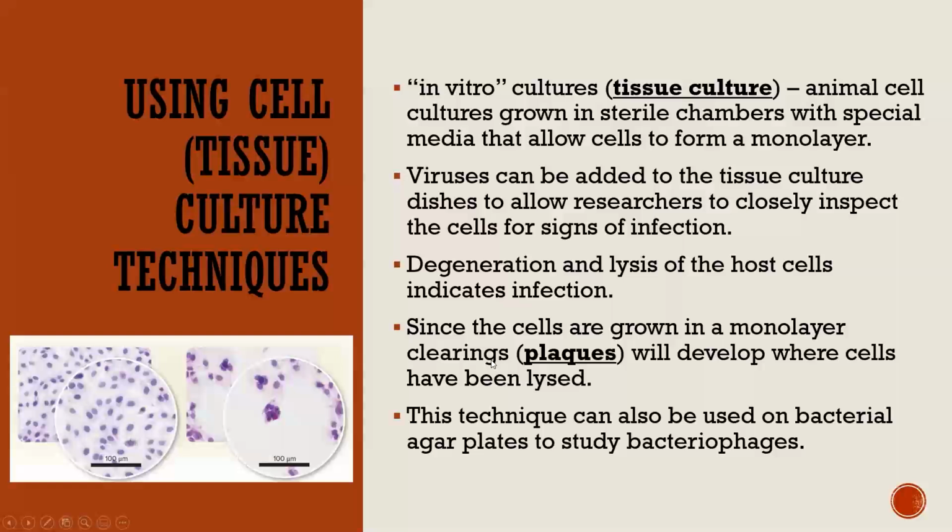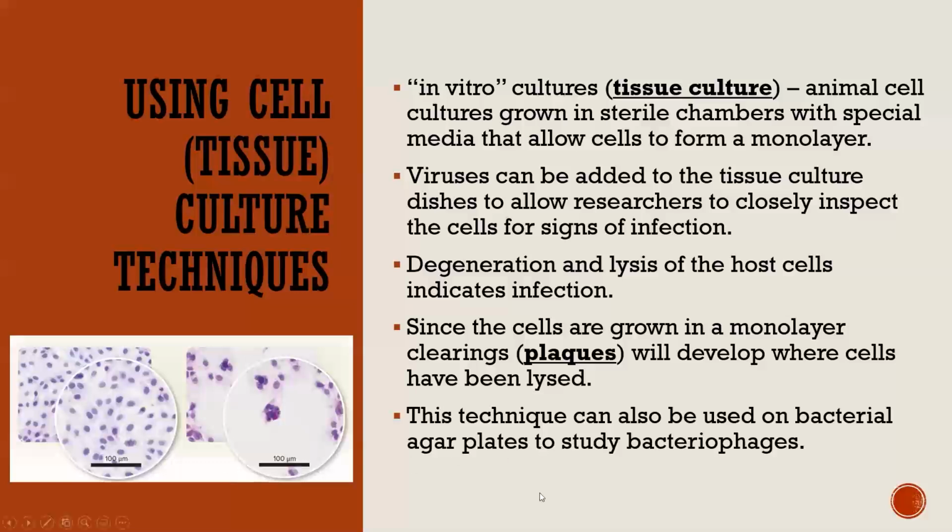And since the cells are grown in a monolayer over here, you can look for plaques. Plaques are areas where there are clearings in the dish. So you would cover the entire dish with cells, add your virus, and then come back and look and go, oh, there's a hole there, there's a hole there, there's a hole there. There are 3 plaques or whatever it is, to see how far the viral infection has progressed.